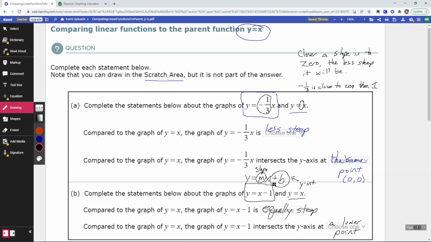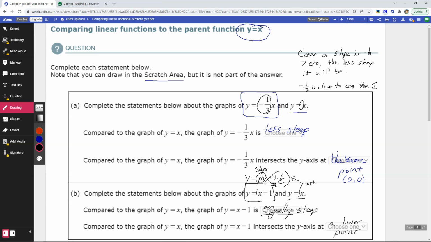So y equals negative 1/3 x is less steep than y equals 1x. Remember, if we have no coefficient, the assumed coefficient is 1. So negative 1/3 is closer to 0 than 1. Therefore, negative 1/3 is less steep than 1 when it comes to slope. 1 and negative 1 are equally close to 0, therefore they are equally steep.